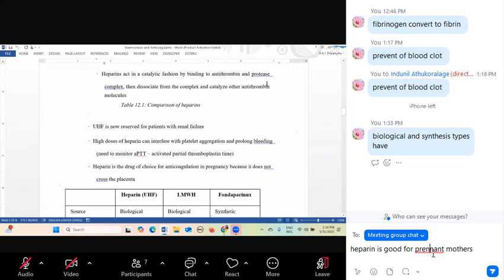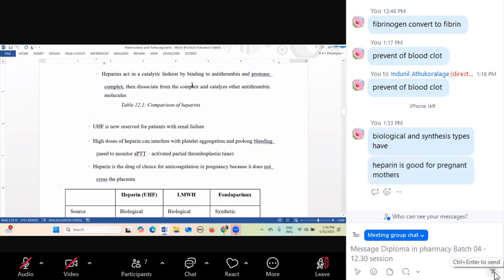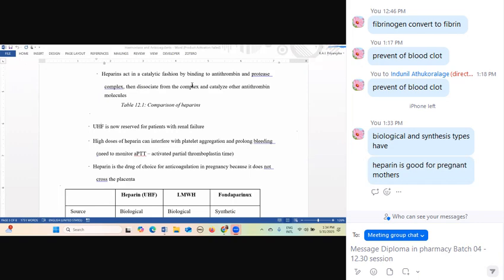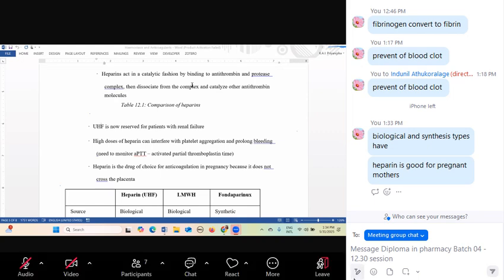Okay, we got a message. Biological and synthetic types. Okay. Heparin is good for pregnant mothers. We can't say heparin is good for pregnant mothers. Can you word it properly?